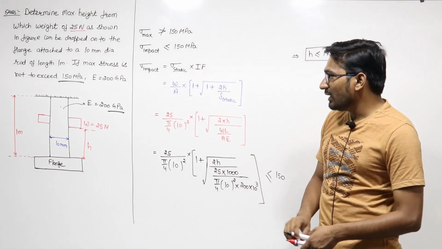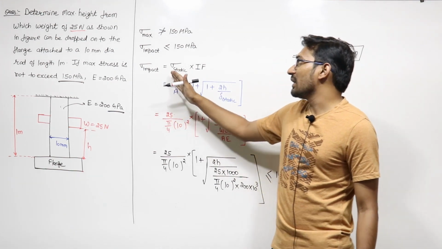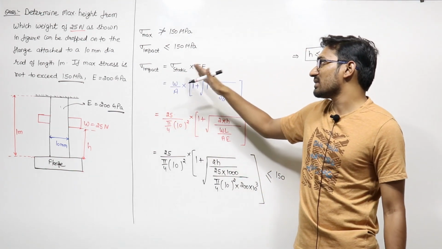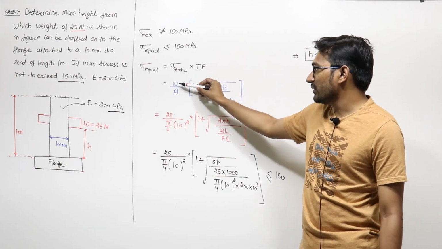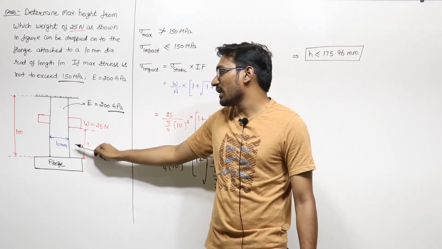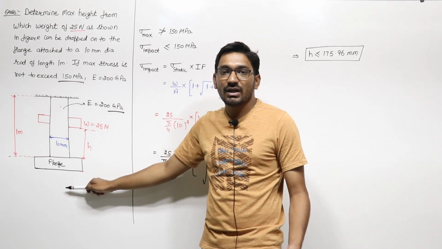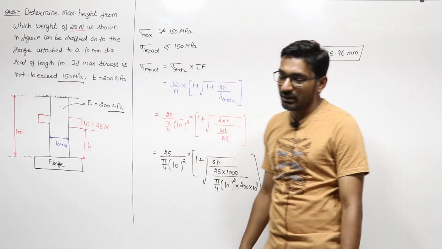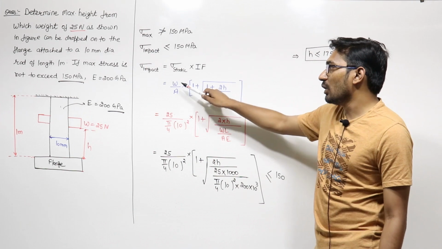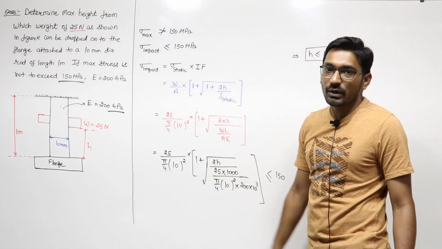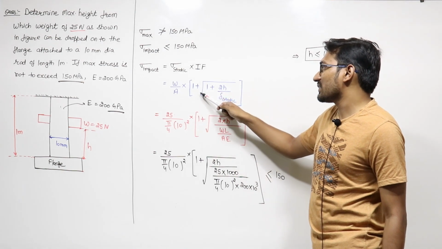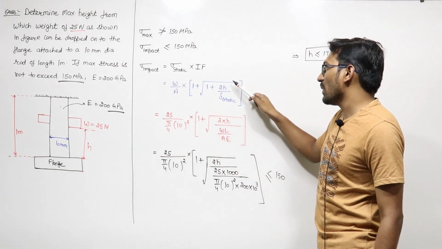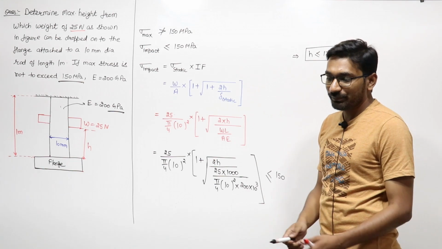And we know that the impact stress will be equal to the static stress into the impact factor. Static stress is the stress if this load of 25 Newton is applied on this flange under static condition, that is, load per unit area of the rod, into the impact factor, which is 1 plus under root 1 plus 2h upon delta static.